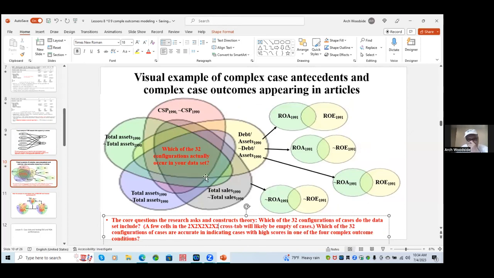All right. If you've got 2 by 2 by 2 by 2 by 2 here, in terms of positive or negative antecedent for each of these conditions, that would be 32 different possible combinations. You could have high CSP and all the other 4 being low, or all 5 could be high.